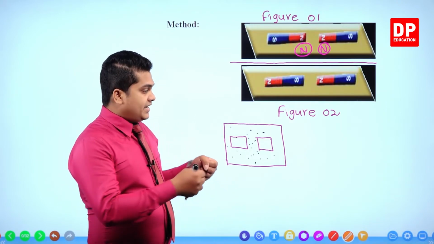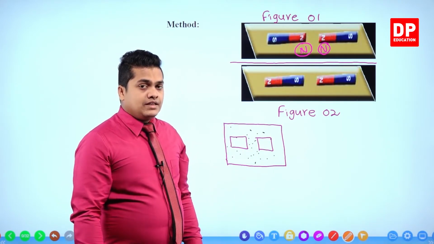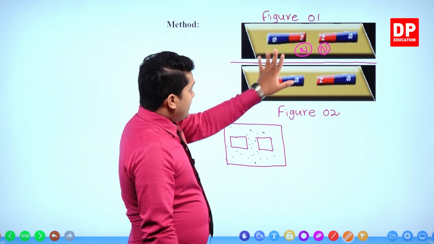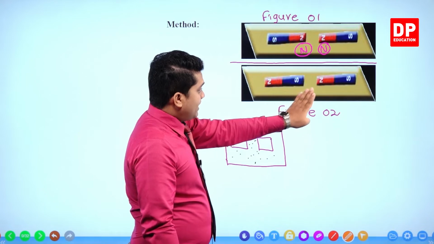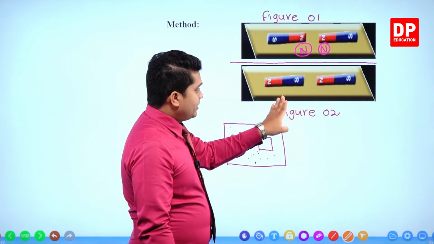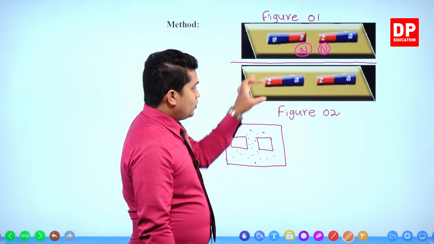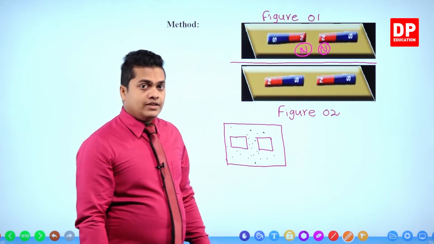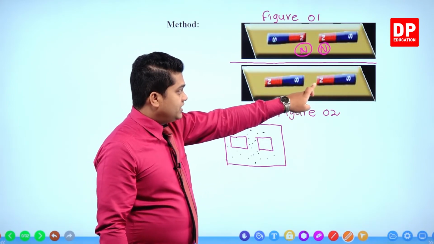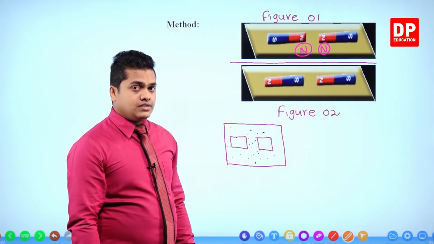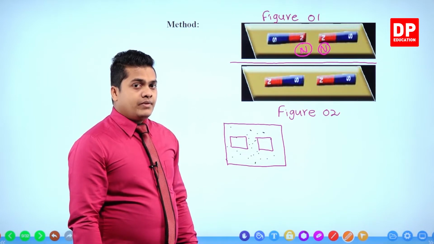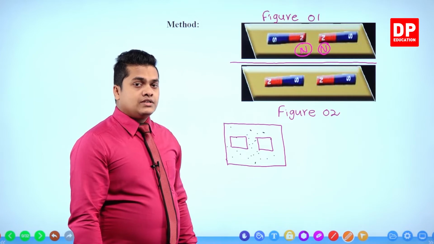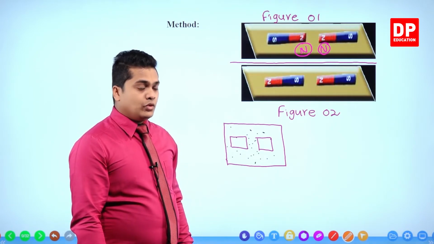So we keep that A4 sheet in a different place. Then once again you have to arrange the two magnets according to the second figure so that the south pole is facing north pole. In the second figure you can observe that the south pole is facing north pole like this. And my dear children, once again you have to repeat the following steps.